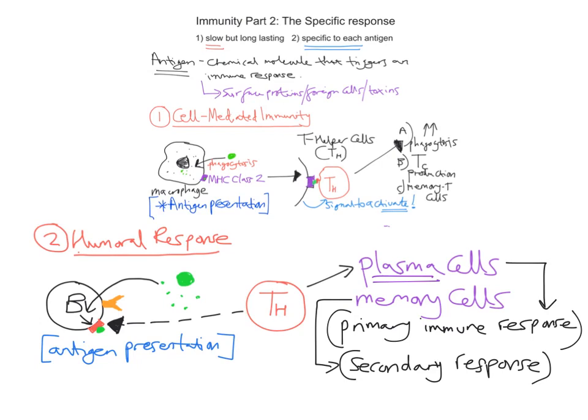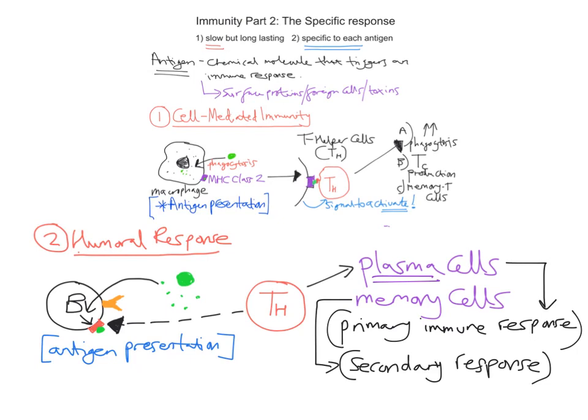It's a bit of a longer video, but this is all part of the specific response to disease that we have. It's slow but long-lasting, and it's specific for each antigen. So in a nutshell, you have two main phases: the cell-mediated immunity, where we present that particular antigen, we stimulate T helper cells, and then from that we get an increased rate of phagocytosis, cytotoxic T cell production, and memory T cell production.